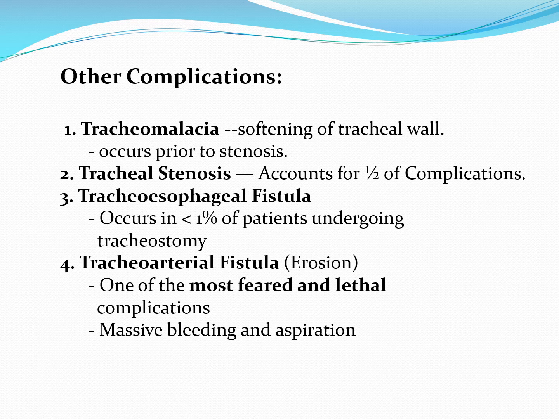Tracheo-innominate artery fistula erosion is one of the most feared and lethal complications. Once that artery wall is eroded through, the patient can exsanguinate. They will have massive bleeding into their airway, so they can bleed out and suffocate at the same time.